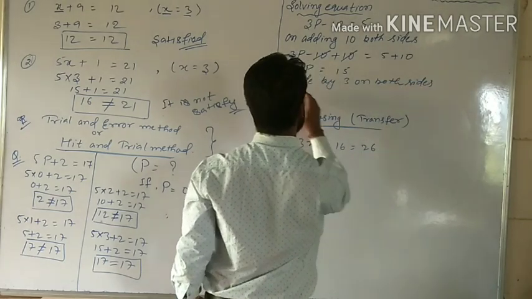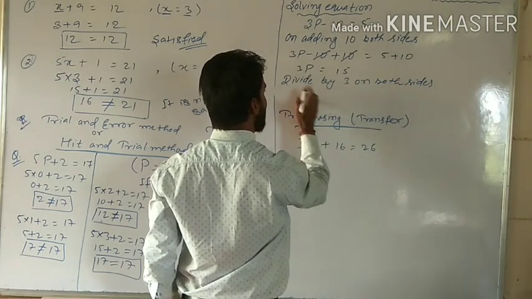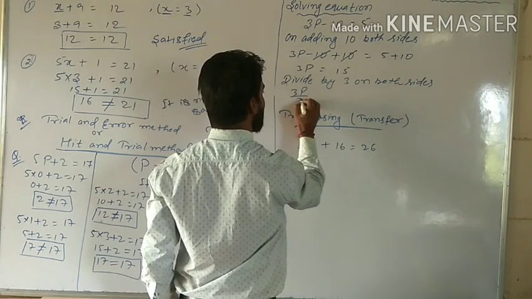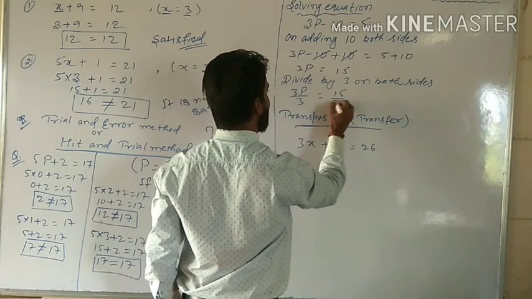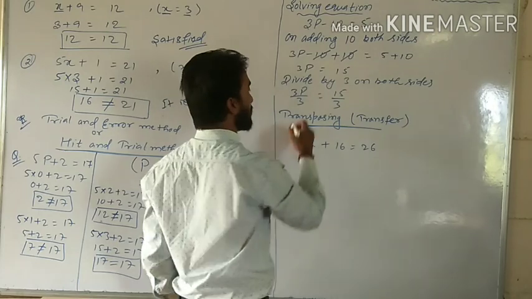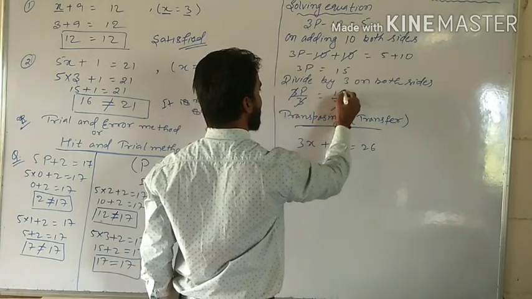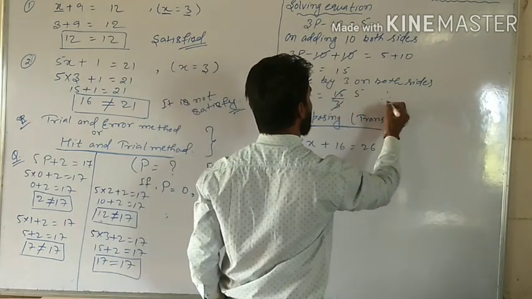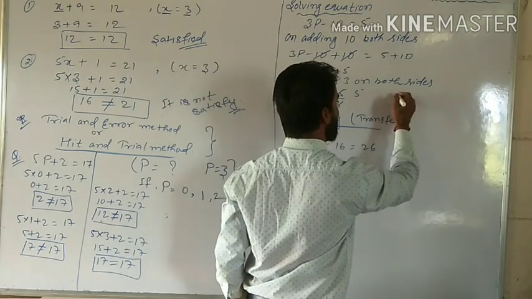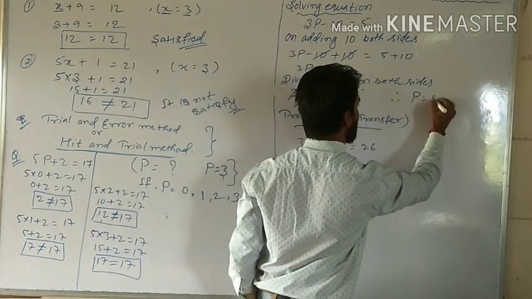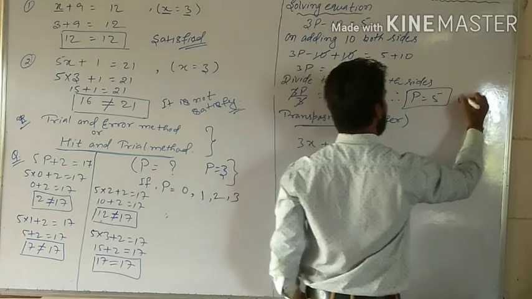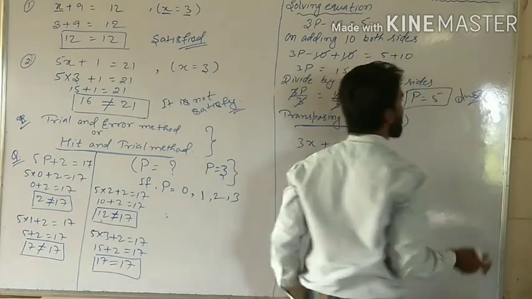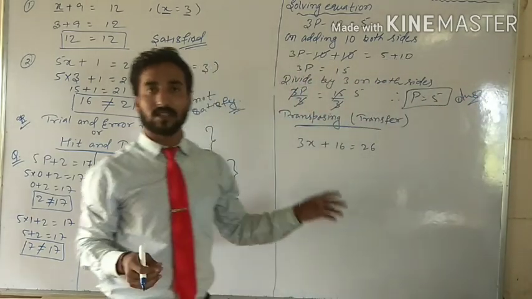When we divide by 3, what will happen? 3p by 3 is equal to 15 by 3. This 3 cancels, and 3 fives are 15. So students, finally we can say p is equal to 5. It is your answer. I hope students you understood.